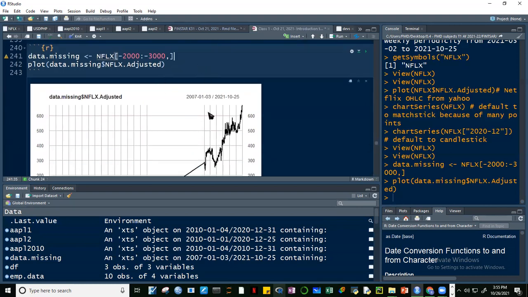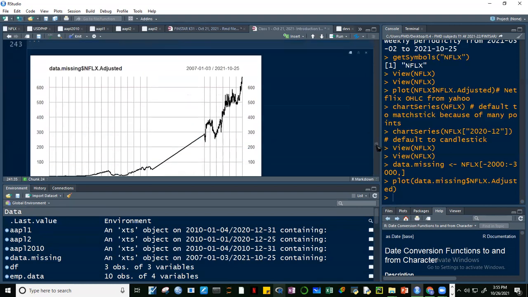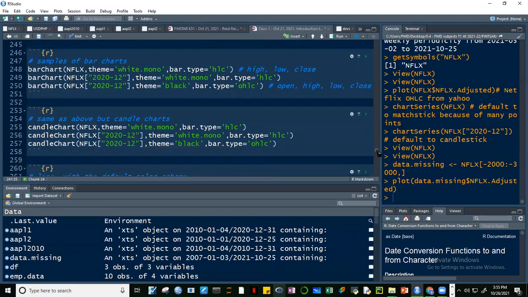Okay, so that's the plot of the adjusted prices. Aside from chart series, we can also use a bar chart, and we can identify the theme and the type of bar chart we'll be using. So here the theme is white and the type is high, low, close.